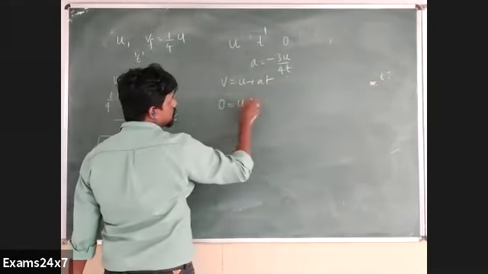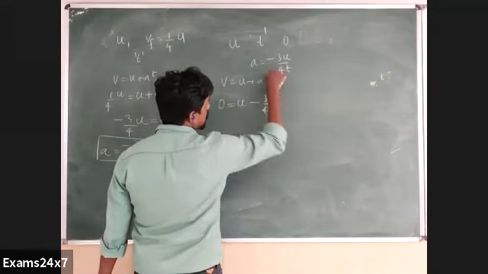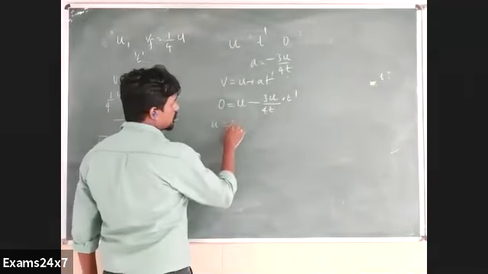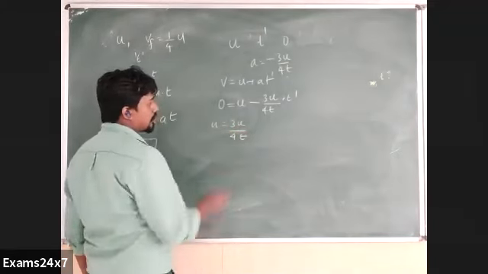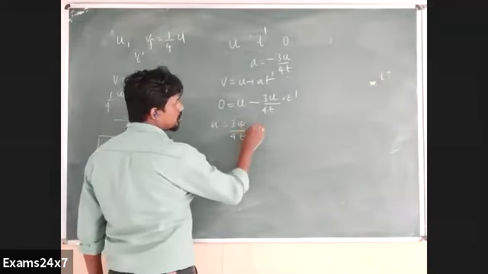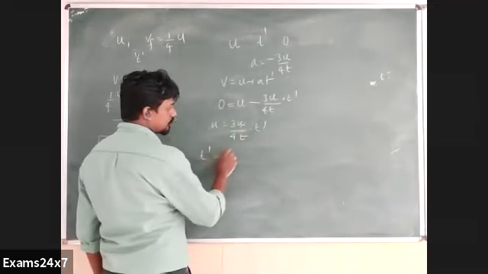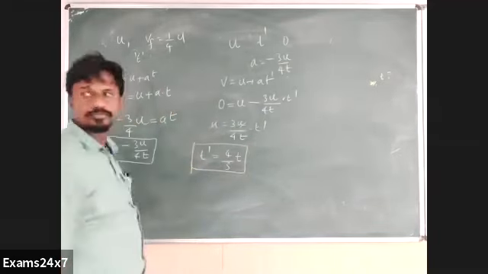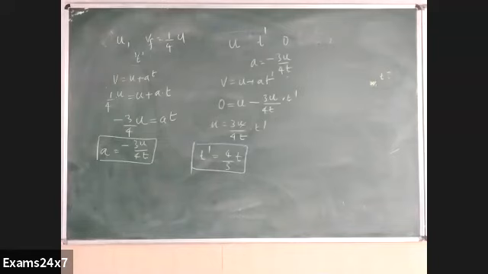Initial velocity is u. 0 equals u plus minus 3u by 4t into t dash. U equal to 3u by 4t into t dash. U gets cancelled. T dash is equal to 4t by 3. Understood? Clear?